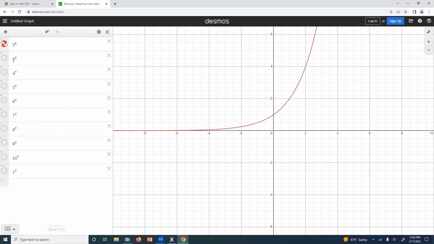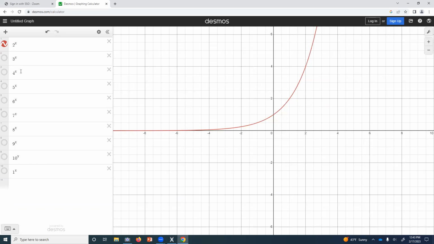Now, what happens when I have 3 to the x power? Well, let's think about it. If I put in 1 for x, you get 3. If you put in 2, now it's 3 squared, which is 9. If you put in 3, you've got 3 cubed, which is 27. If you put in 4, you've got 3 to the 4th, which is 81. So what's happening to those numbers?